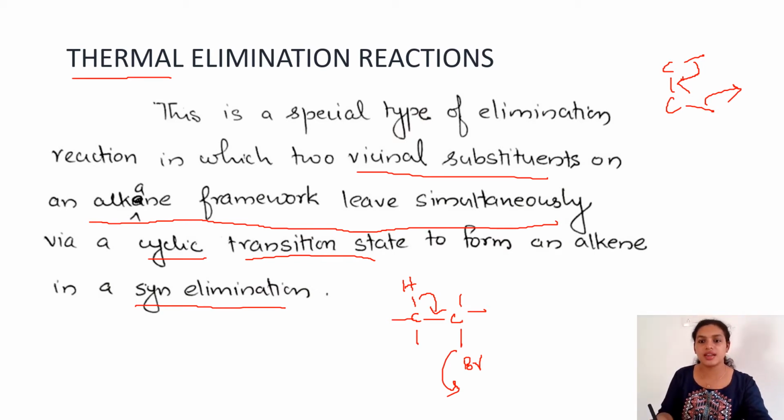But in the case of syn elimination, suppose the substituents are X and Y, they will be eliminated from the same face or same side. That's called a syn elimination. So the points to be noted are, it's a syn elimination, the reaction proceeds via a cyclic transition state, and the two vicinal substituents are getting eliminated simultaneously. So let's see the mechanism.